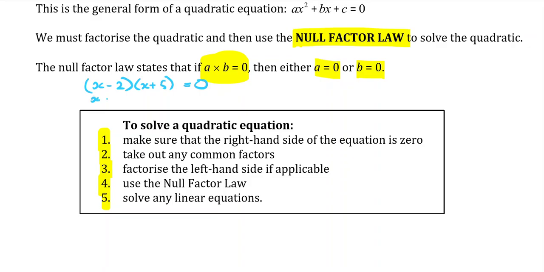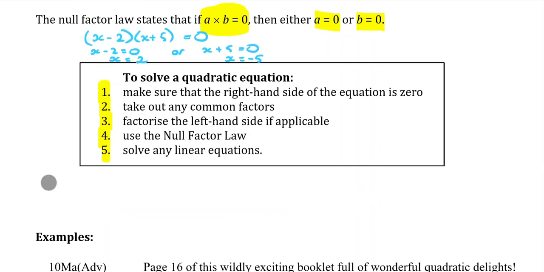So either the x minus 2 equals 0 or the x plus 5 is equal to 0. And I can solve each of those equations to get x equals 2, and for the other one, x equals minus 5. So that little bit there, that's the null factor law that we're going to be practicing today.